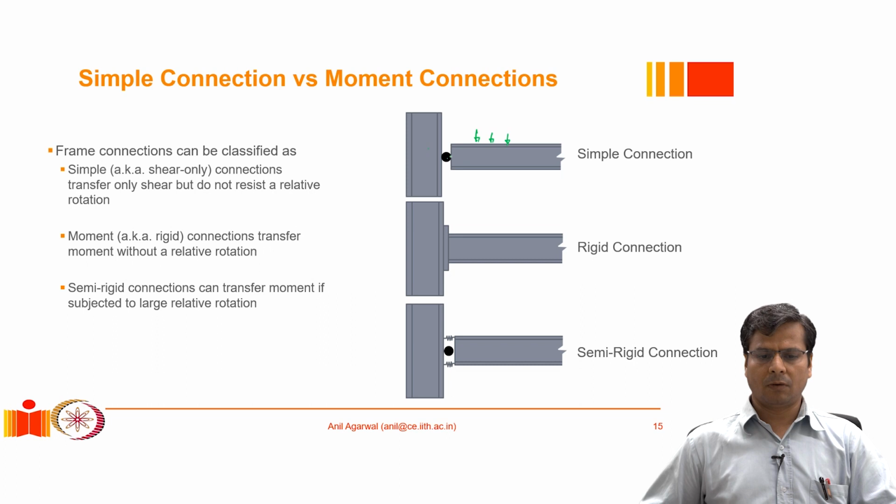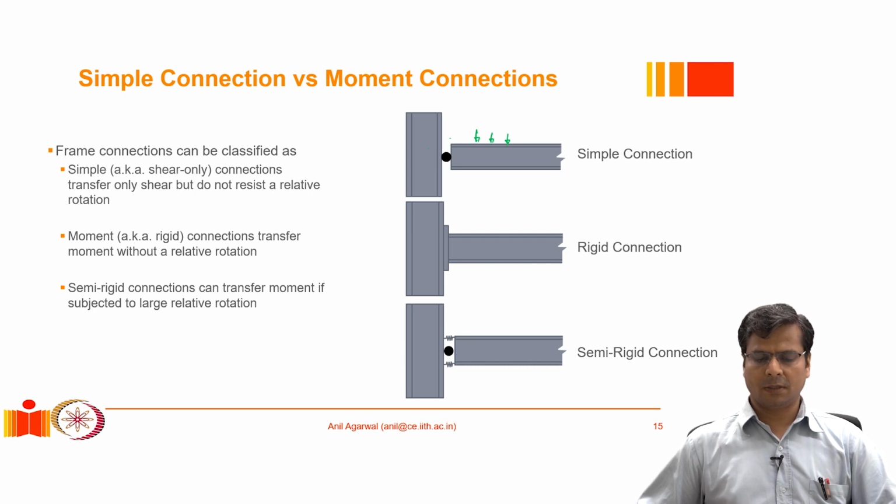Of course, I have shown it in a schematic fashion by putting a big dot here. But actually what it means is that we are connecting the beam to the column closer to the neutral axis, or not distributed over a large depth. So that connection should not be stiff, or distributed over a very large depth.